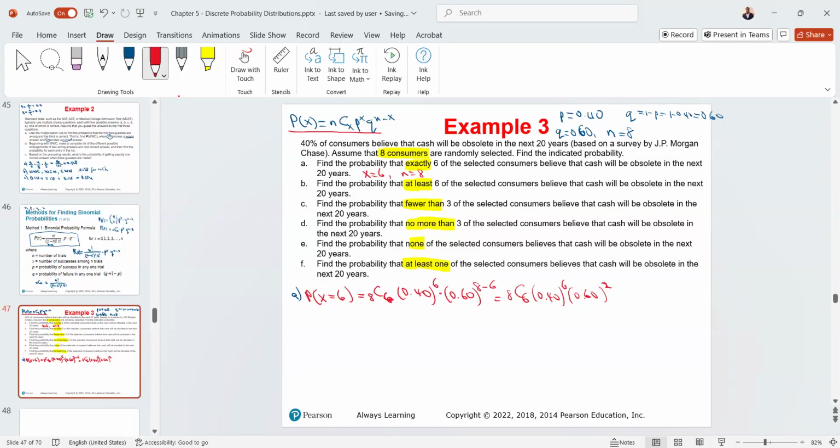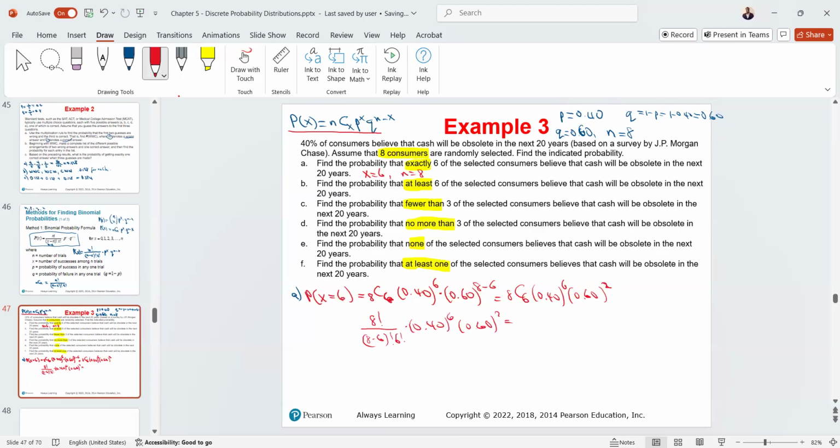Now, the probability for us is 8 factorial over 8 minus 6 factorial times 6 factorial, times 0.40 to the power 6 times 0.60 to the power 2, that you can eventually do in the calculator.